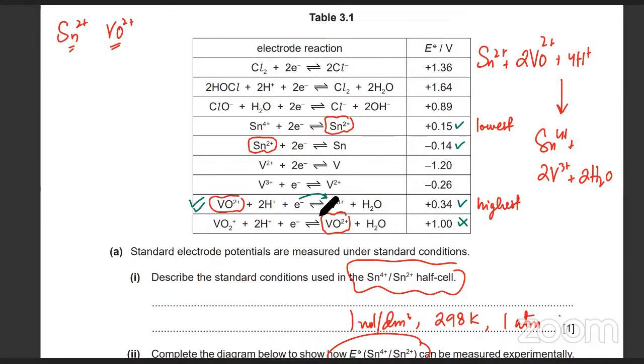Then I'm going to do the reverse. I'm going to find out who loses electrons, the one that has the lowest potential. The lowest potential is which one? Minus 0.14. So that is the one that loses electrons. Now again, I have a problem because I don't have the thing that's losing electrons. Well, I have Sn2 plus, but I don't have Sn losing electrons. So this does not apply to the things I have.